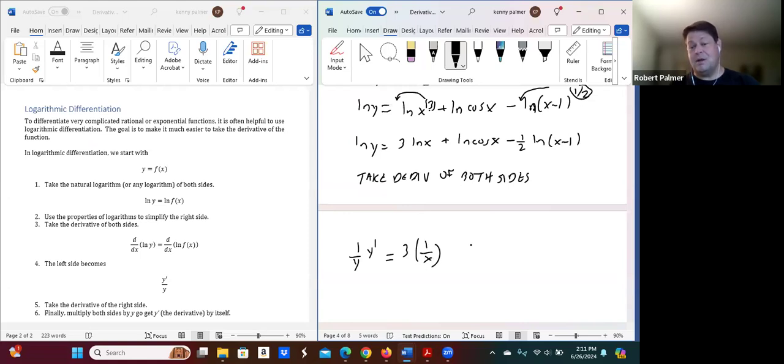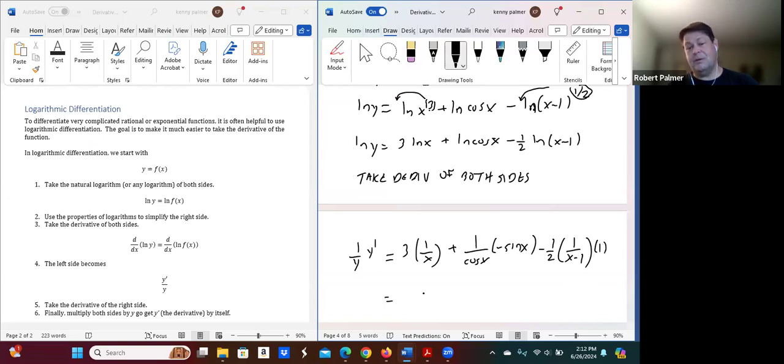Then the derivative of the natural log of cosine of x is 1 over the cosine of x times the derivative of cosine, which is negative sine of x, from the chain rule. And then here I have negative 1/2, and the derivative of the natural log of x minus 1 is 1 over x minus 1, and finally the derivative of x minus 1 is just 1.